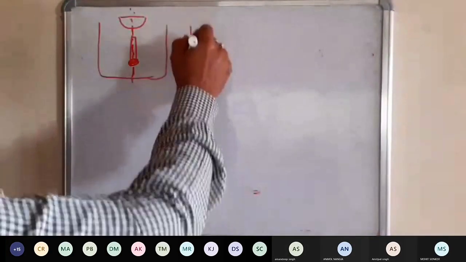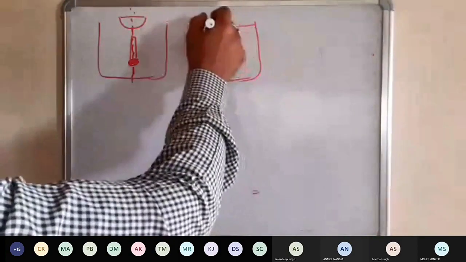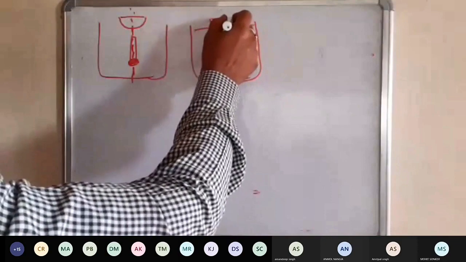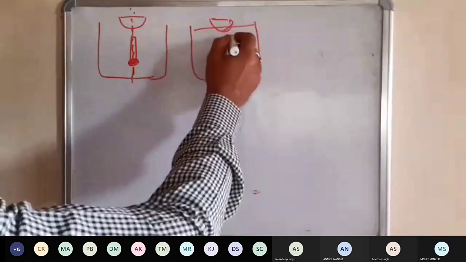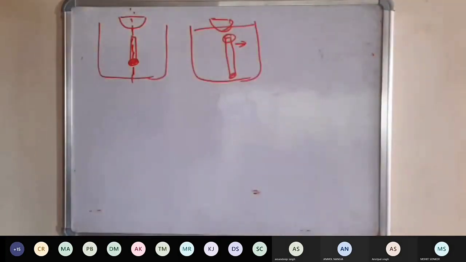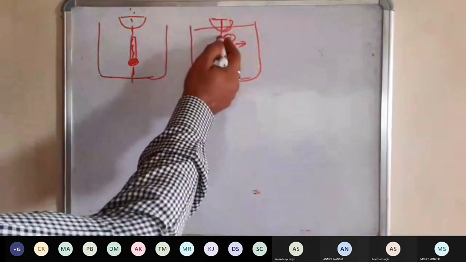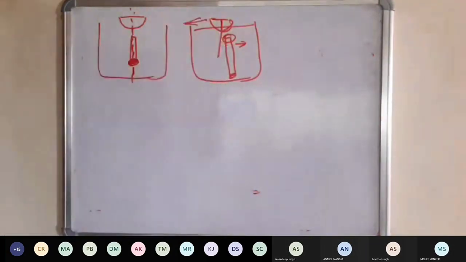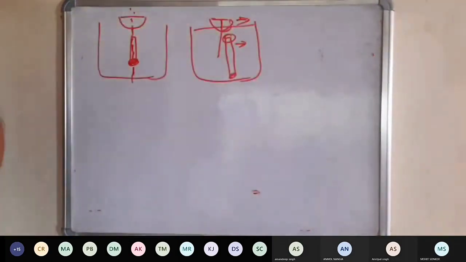When she is heeled to port side, this remains horizontal still, but this goes to one side. The blue pole has shifted to the starboard, and because of this, the blue pole will push it to this side. Now, it will attract to this side, the high side.